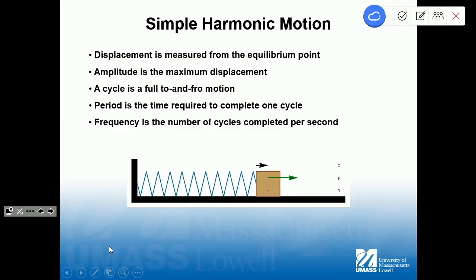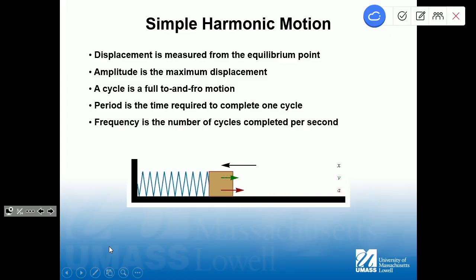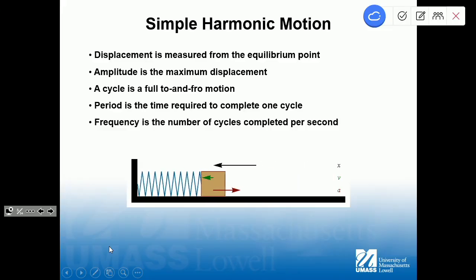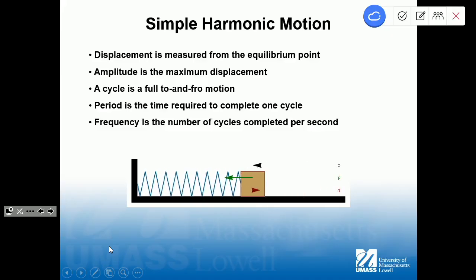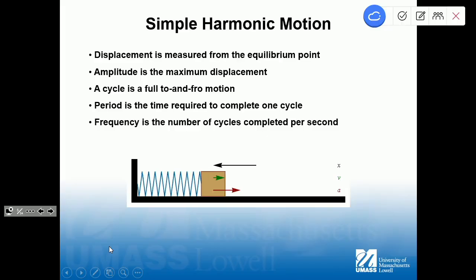So it's going to oscillate back and forth about some equilibrium position. Now, look at the displacement. Displacement is measured from equilibrium, so it's just a measure of the changing position of the object. V, of course, is the velocity of the object.